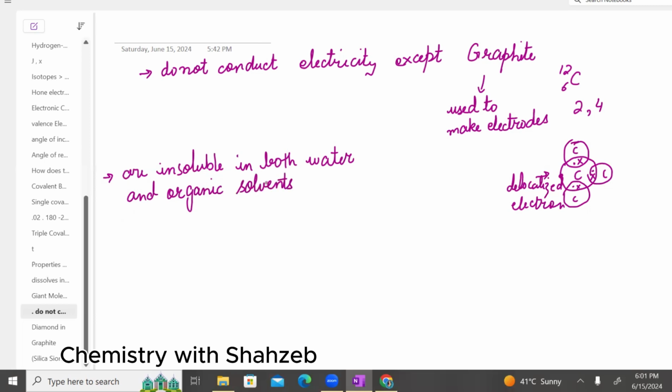The reason is quite simple: they have a strong force of attraction between them because of strong covalent bonds, and it would be difficult to break these bonds.